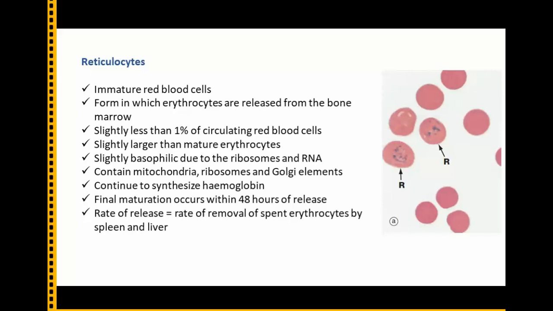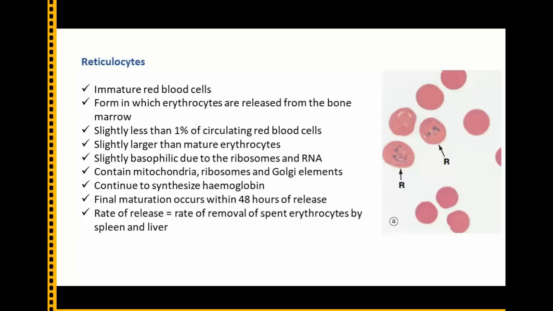After release from the bone marrow to the peripheral blood, these reticulocytes become mature within 48 hours of release. The rate of release is usually similar to the rate of removal of erythrocytes by the liver and the spleen.